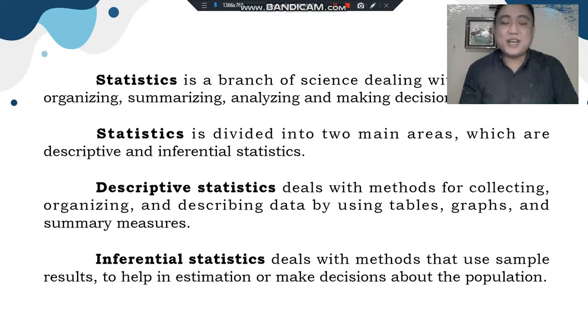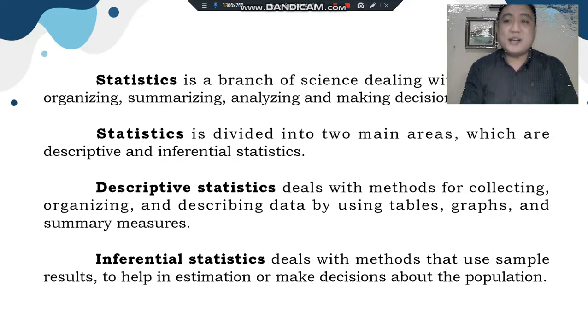Statistics is divided into two main areas. One of those is descriptive statistics. The other one is inferential statistics. The first one deals with methods for collecting, organizing, and describing data using tables, graphs, and summary measures.